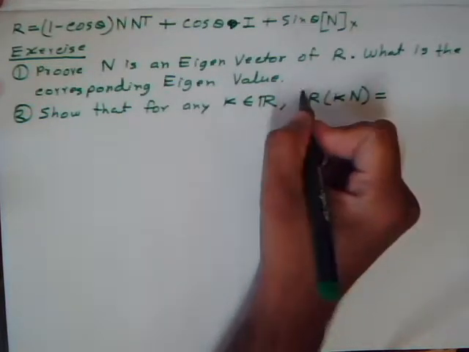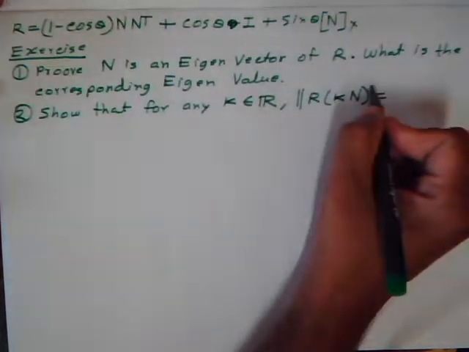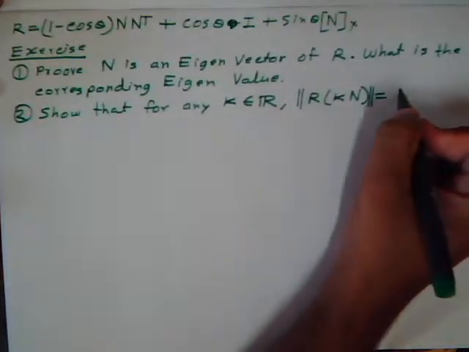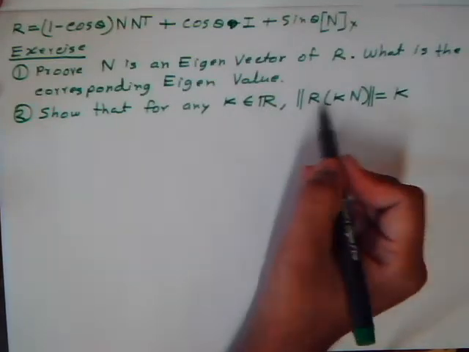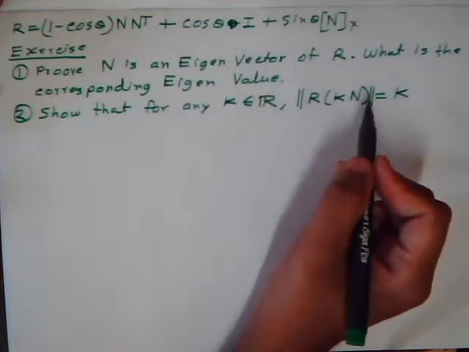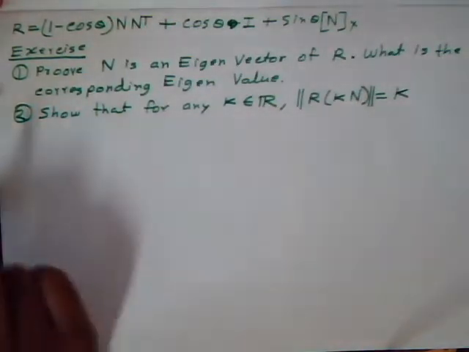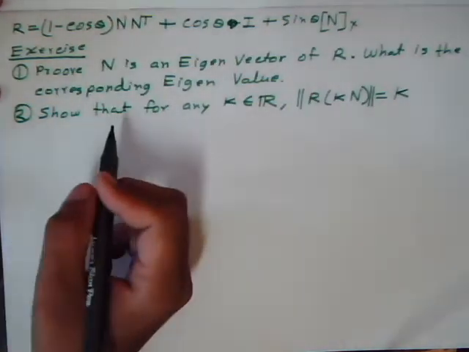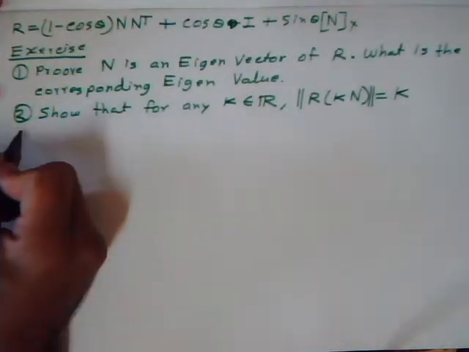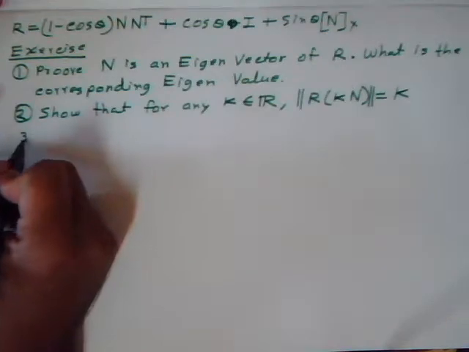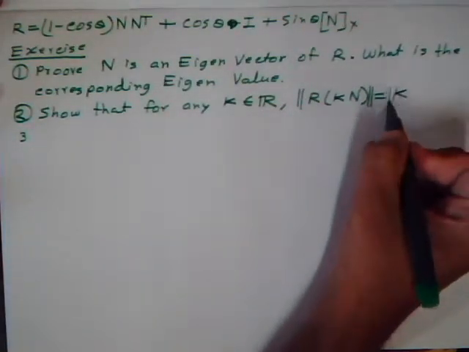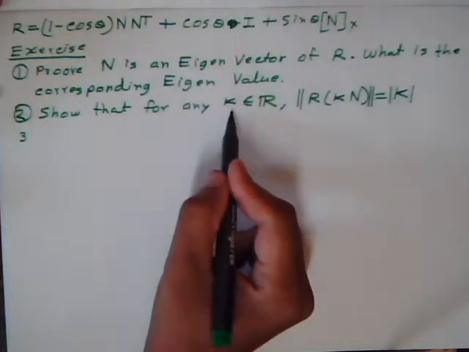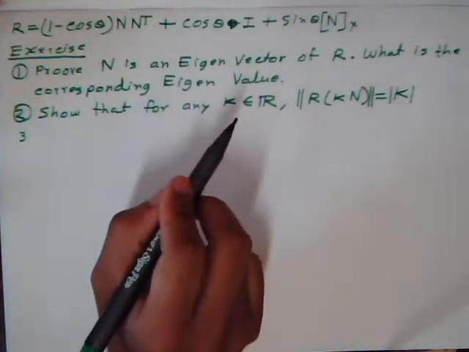The magnitude of this vector is equal to modulo k, because k can be negative. Justify why this has to be true.